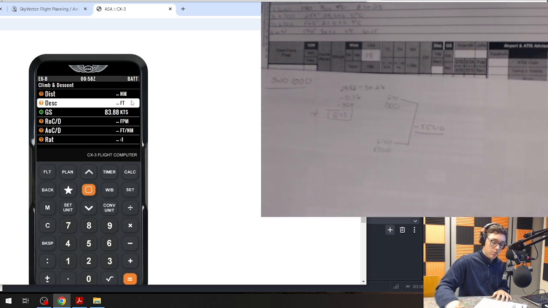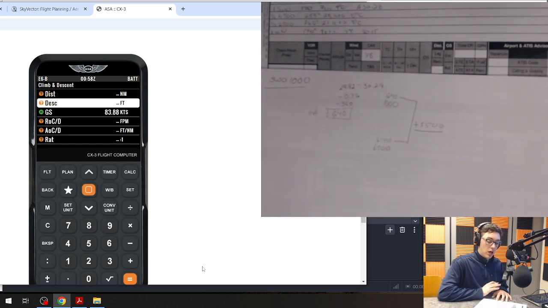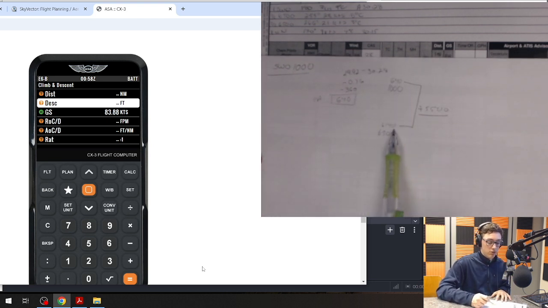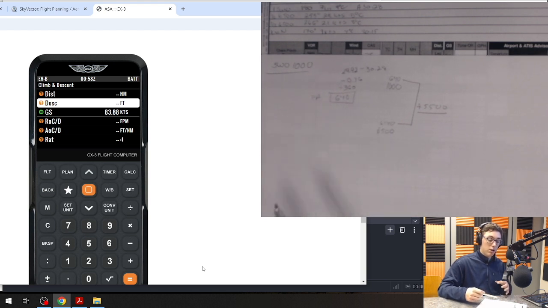So I will climb 5,500 feet. However, the airplane is not performing as if it were climbing from 1,000 to 6,500, but it feels like it's climbing from 640 feet to 6,140 feet due to the temperature and whatever goes into the atmospheric setting, the altimeter setting.